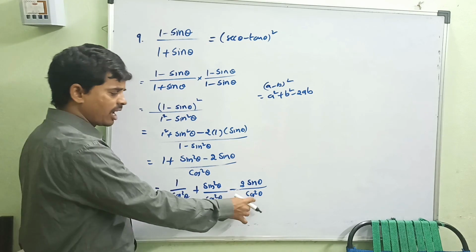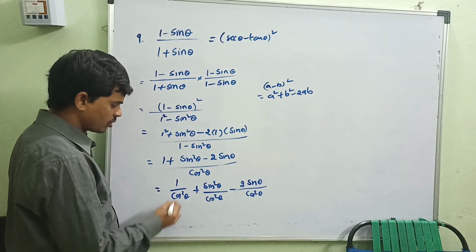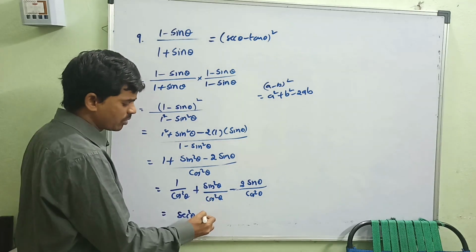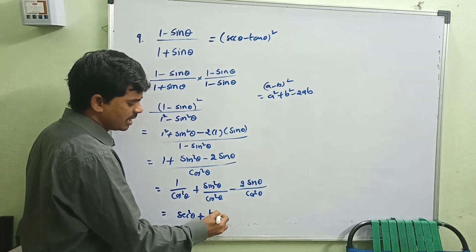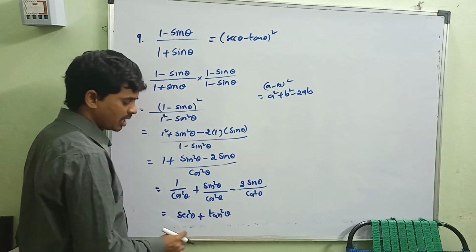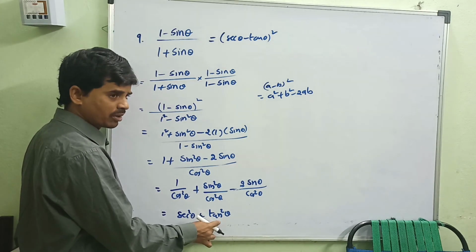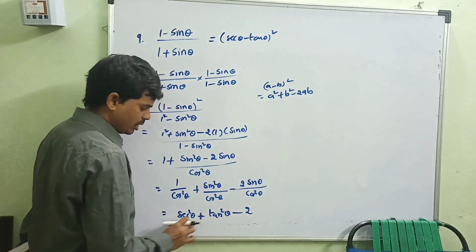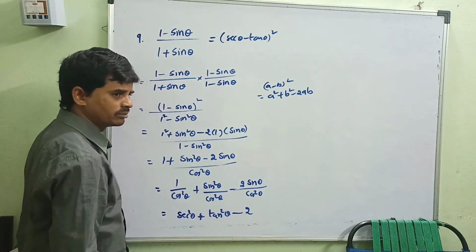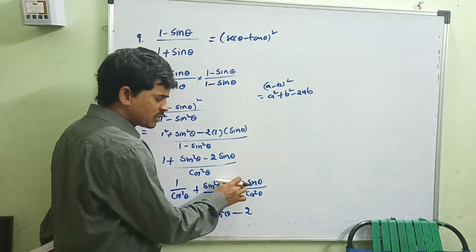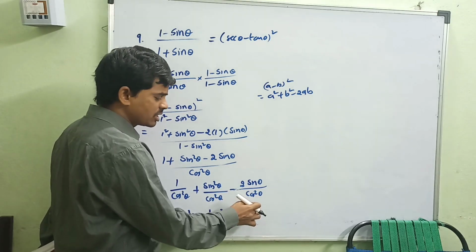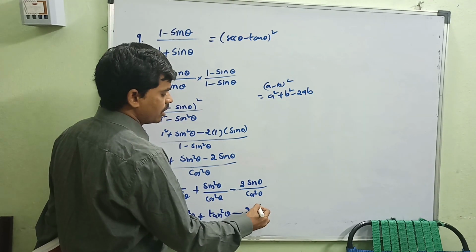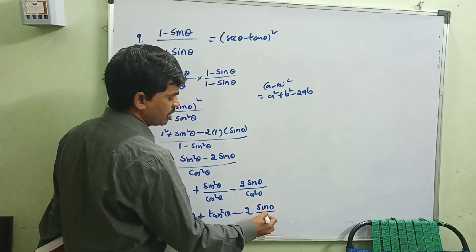But here we have to get secant tan. So 1 by cos square I am writing as secant square, and sin square by cos square we can write as tan square theta. Now I require here 2 secant tan. So from this sin by cos square we need to get secant tan. For that, first I will write sin theta by cos theta.